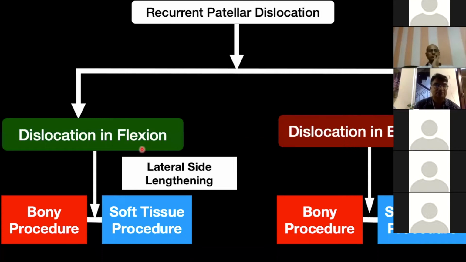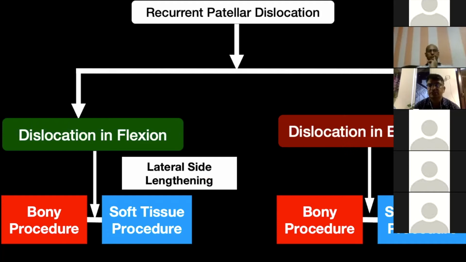So if it is in flexion, you have to do a bony procedure, you have to do a soft tissue procedure, and more importantly, if the dislocation is in flexion, the patella always goes towards the lateral side and the lateral structures are tight. So rather than releasing the lateral structure, you have to do a lateral side lengthening. This is very important. So if you have a dislocation in flexion, you must contemplate all your surgery along with the lateral side lengthening.